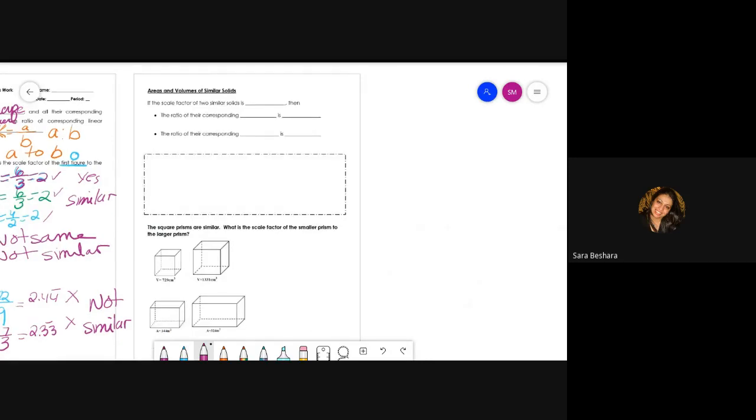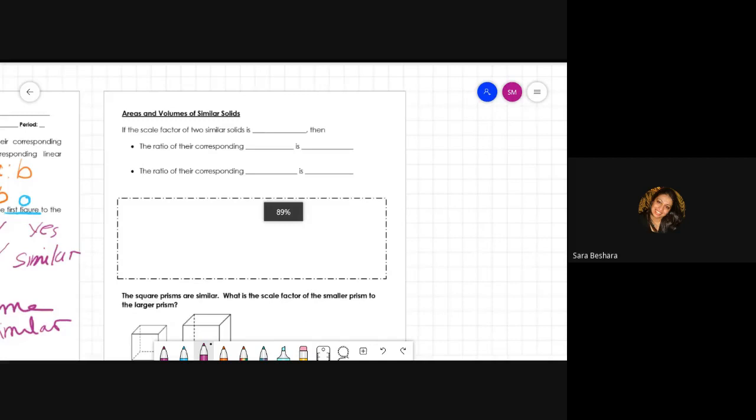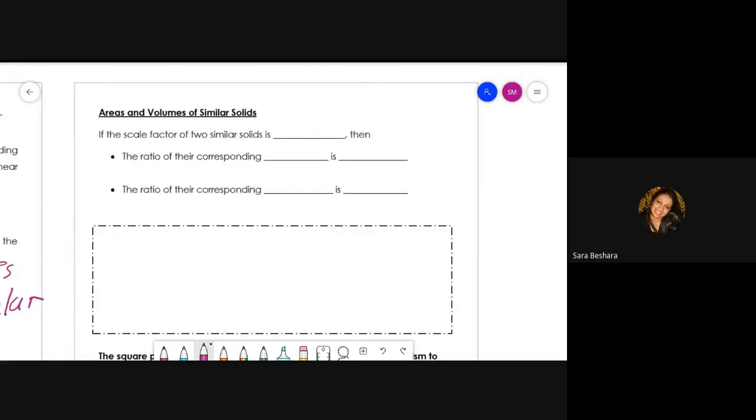So it says areas and volumes of similar solids. Okay, so how are the areas and the volumes related if the solids are similar?